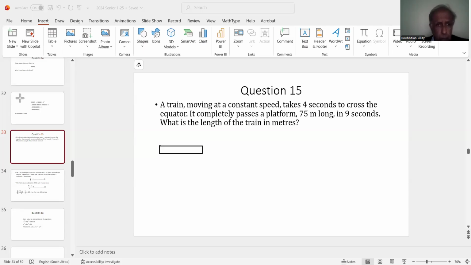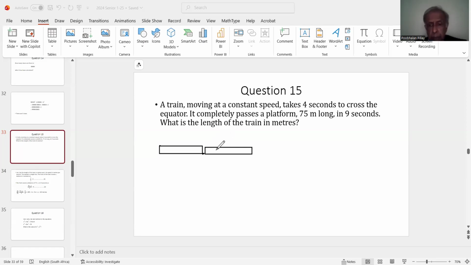So the equator is a single line here. To cross this equator, the same train will be on the other side. Now it takes 4 seconds to do that.